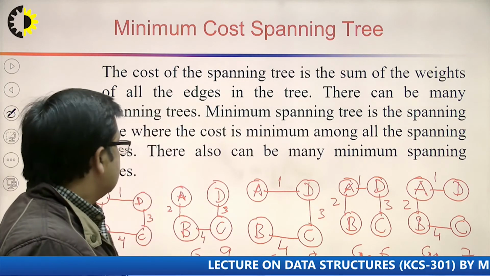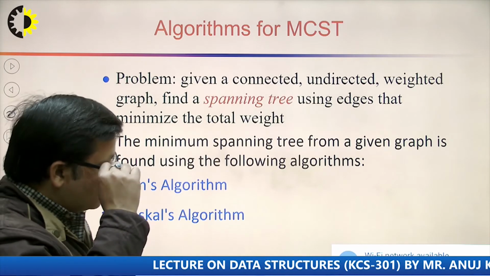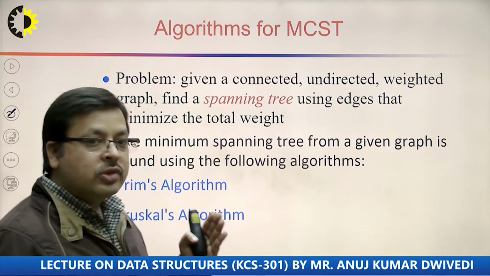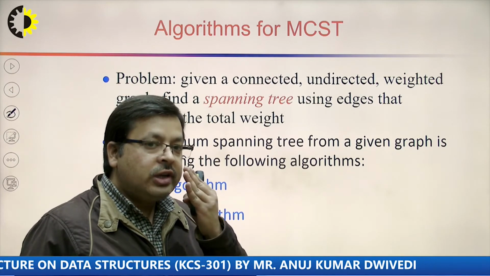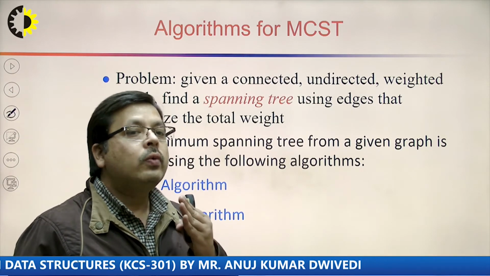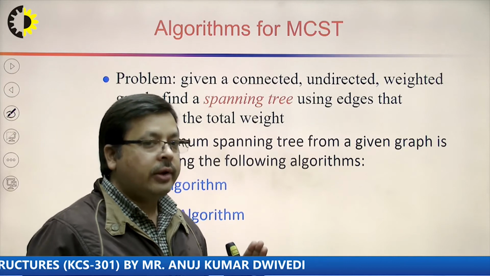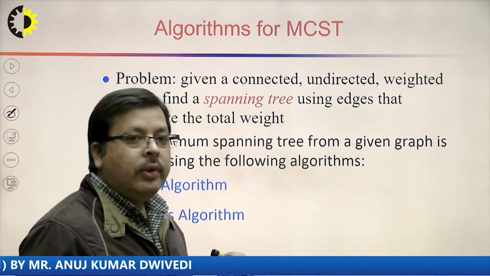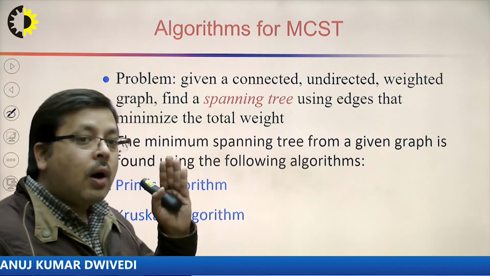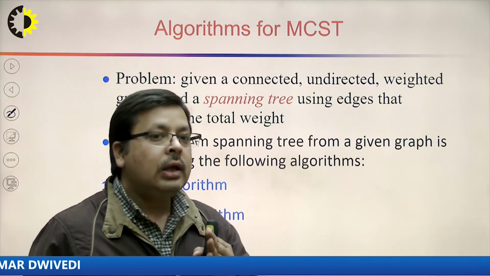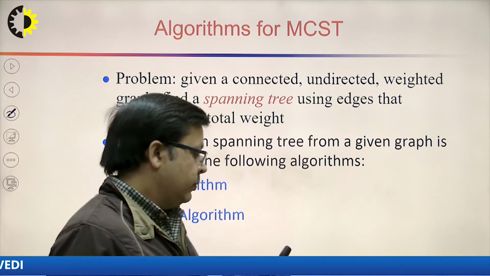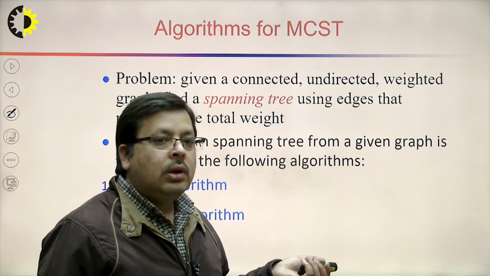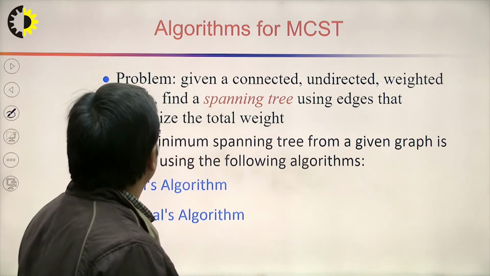There are some defined approaches, some algorithms. The first algorithm is known as Prim's algorithm, which teaches us the approach to find the minimum cost spanning tree, and another approach is known as Kruskal's algorithm. It also tells how you can directly find the minimum cost spanning tree for a particular use.